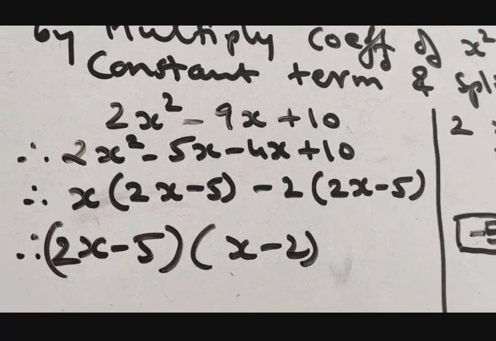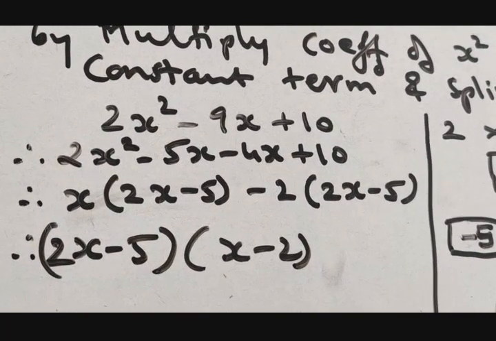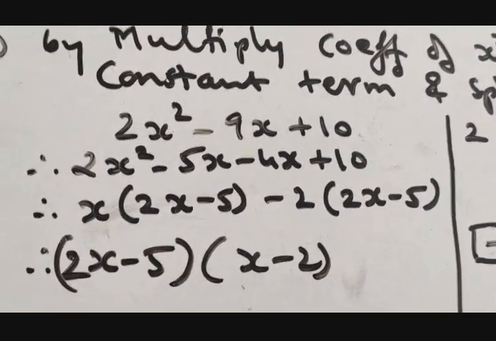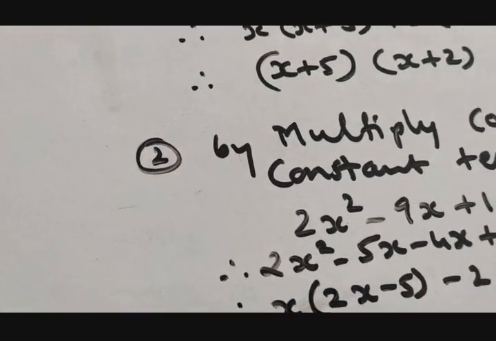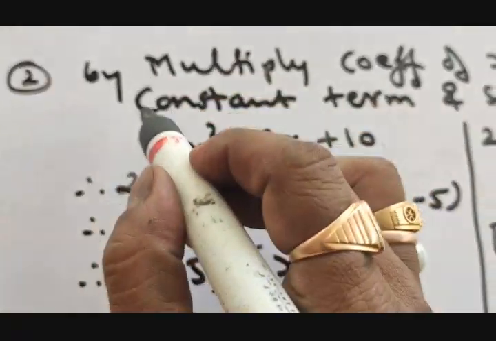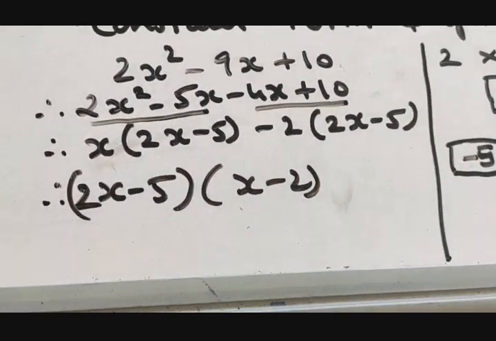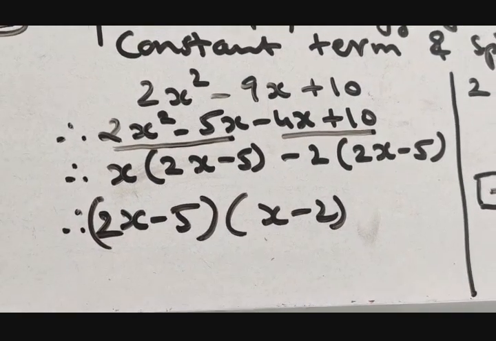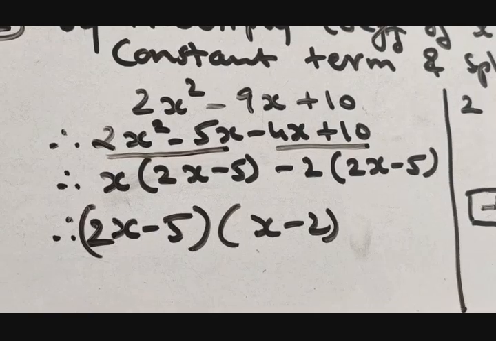Taking x common from the first two terms, I get x bracket 2x minus 5, and taking 2 common from the last two, I get minus 2 bracket 2x minus 5.